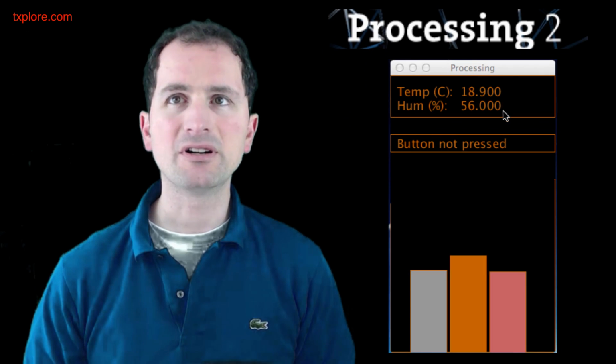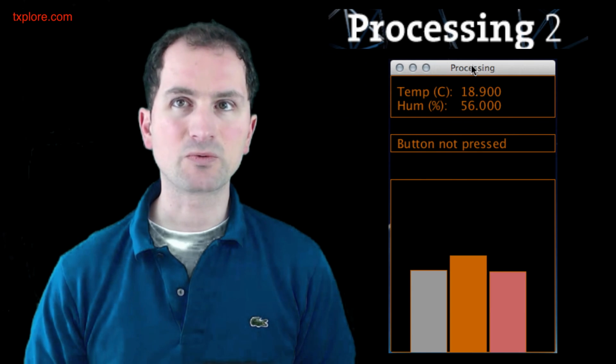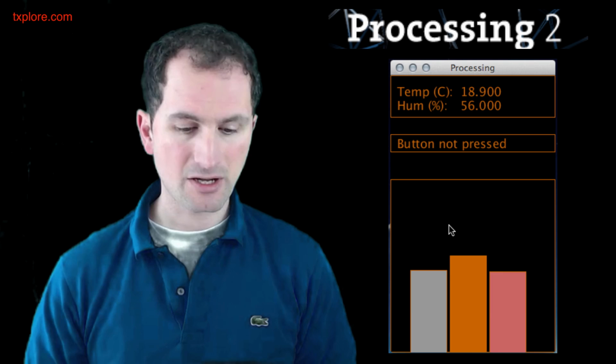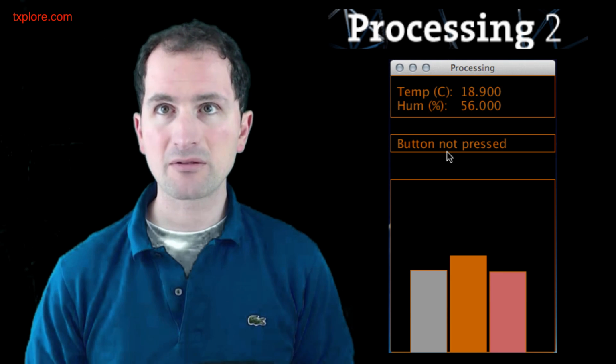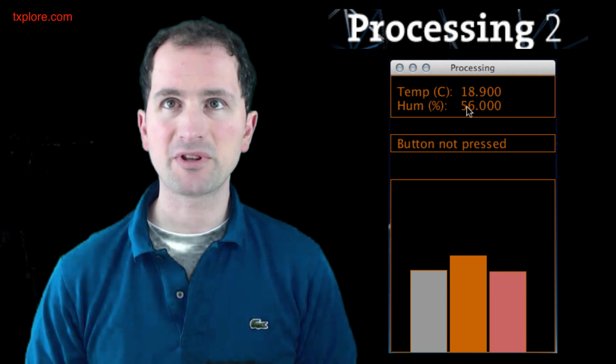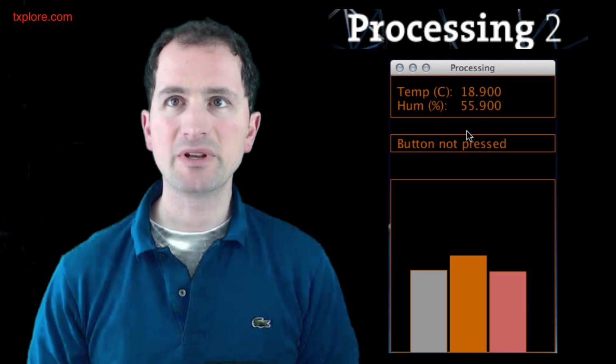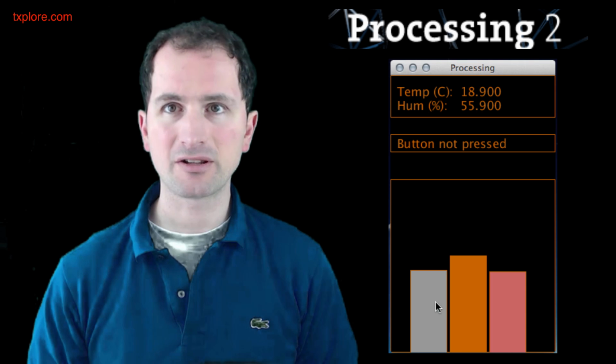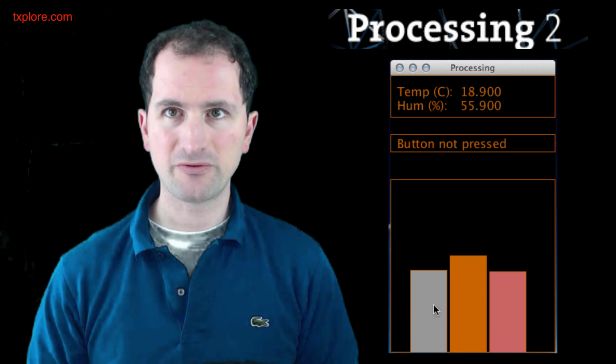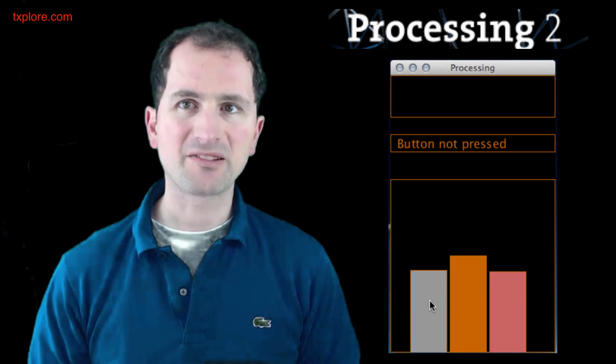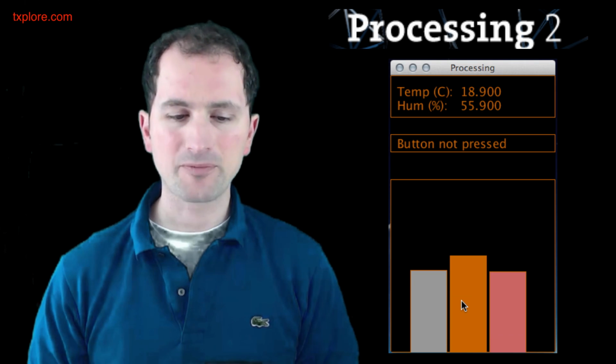In my example here, I'm taking readings from my Arduino and putting them into this user interface. Up here I've got my temperature and humidity readings in numbers, and I've got these two visualized as bars down here.